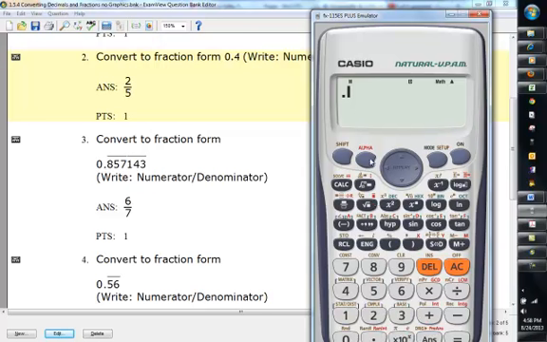Next one. A repeating decimal, your calculator can do repeating decimals. Point, and if you notice, if we switch alpha, notice now it's alpha square root key. We have the overline key, 8574143. Oh, what did we do wrong? Oh, this should be a 2 here.